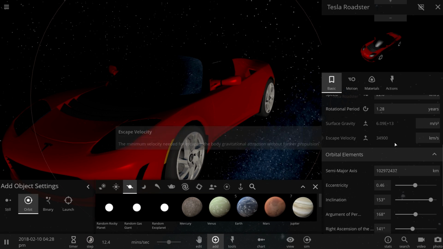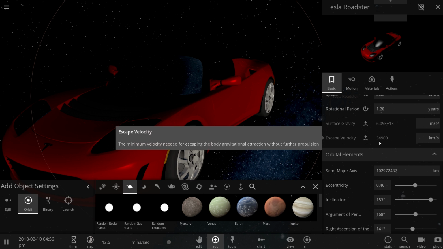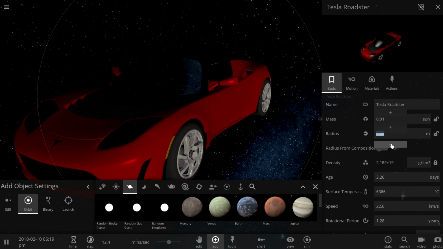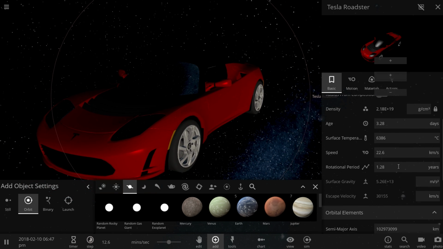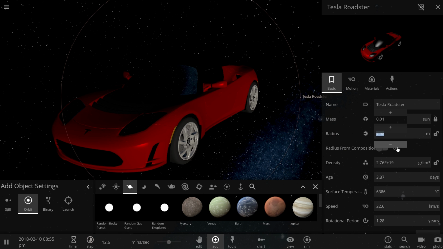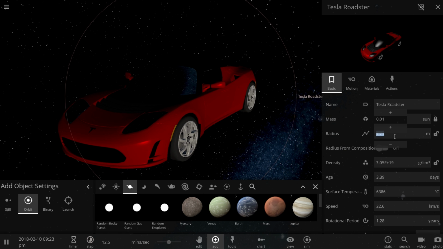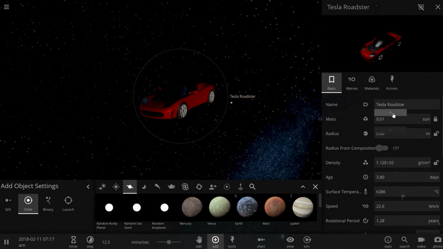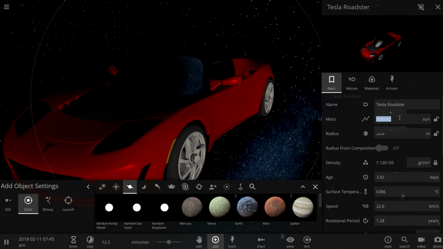It has now reached an escape velocity of, I think, 1/10 of the speed of light. So we need to give it a little bit less radius to give it a little bit more escape velocity. Now here, I think if I give it about 5 meters, and also maybe increase the mass a little bit more.